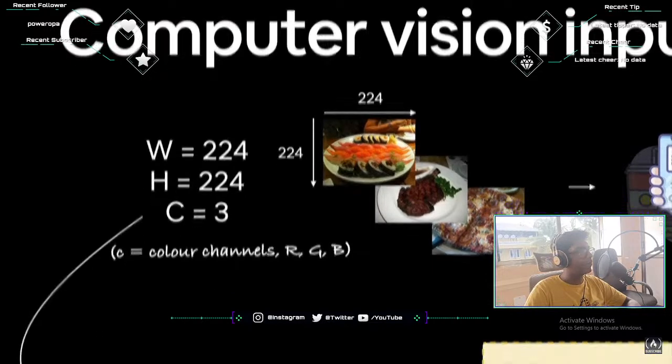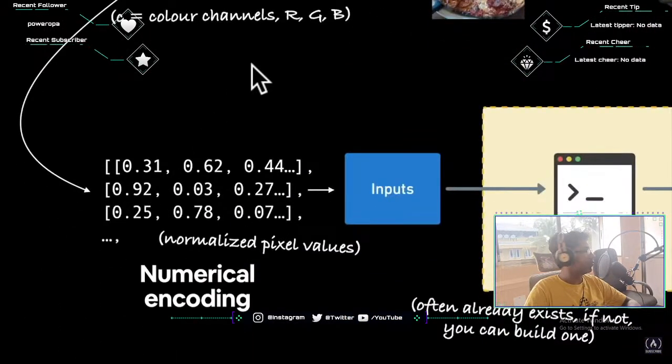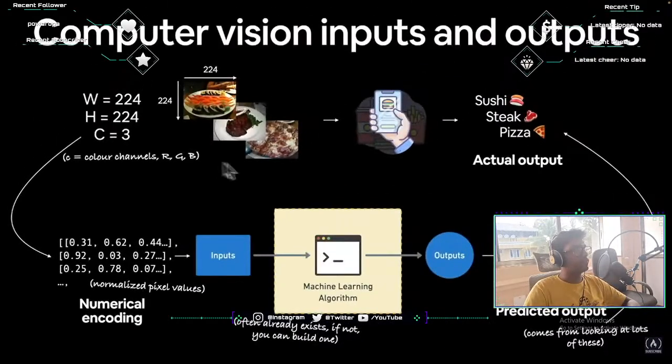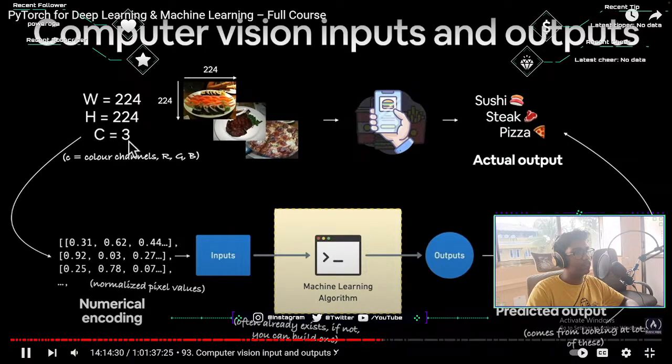And then we convert that into numbers. What we're trying to do with all of the data that we have in machine learning is represent it as numbers. So the typical way to represent an image, because we're using computer vision and trying to figure out what's in an image, is in a tensor that has a value for the height, width, and color channels.